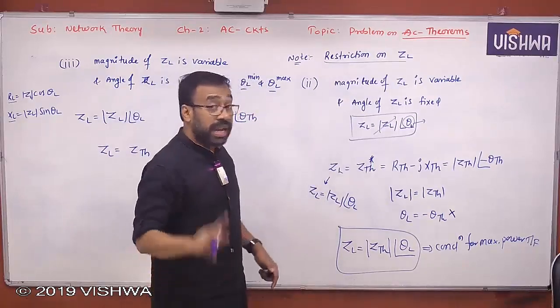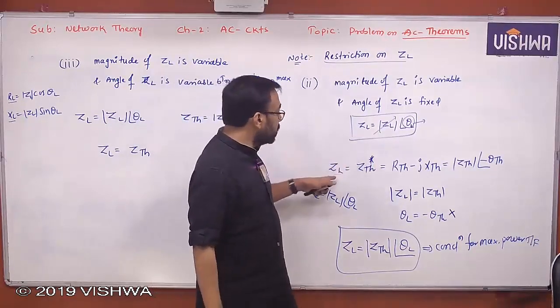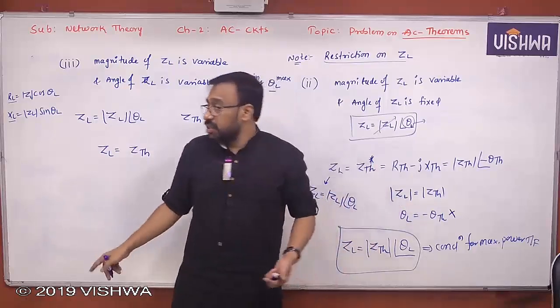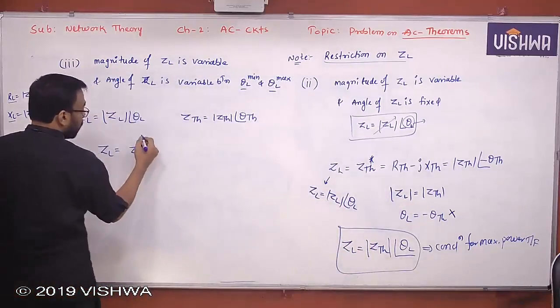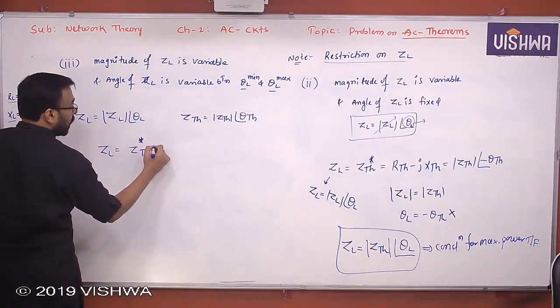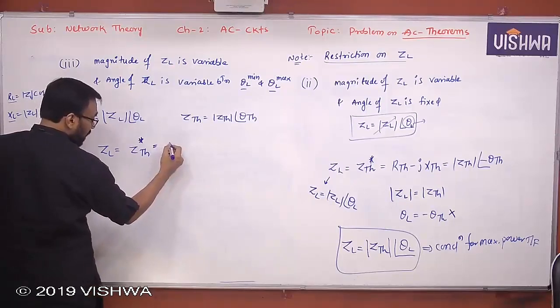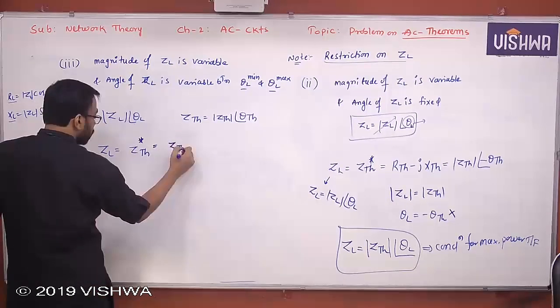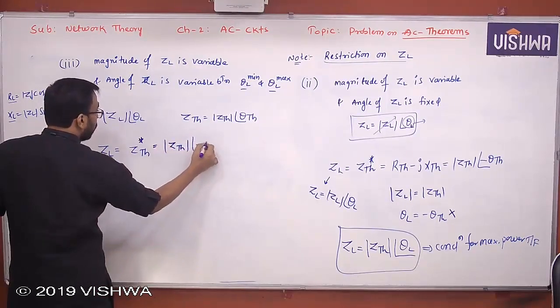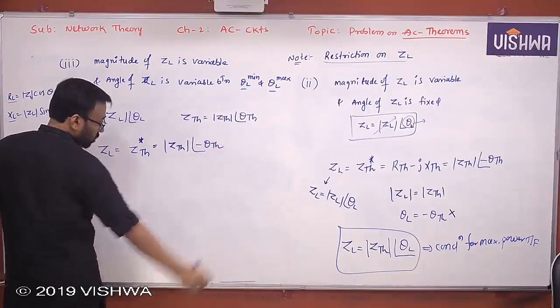It is case 2, right? So what is that? ZL is equal to ZTH conjugate. Here also, the same thing I'm applying, ZTH conjugate, which is nothing but ZTH at an angle of minus theta TH.